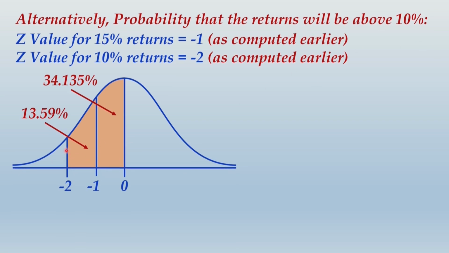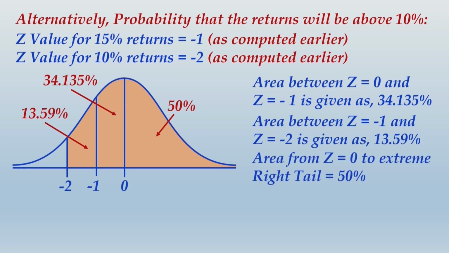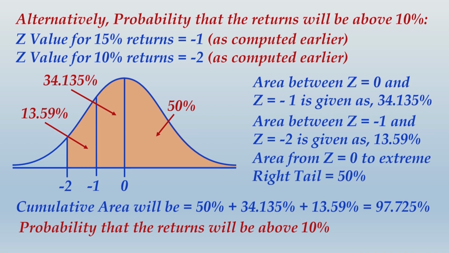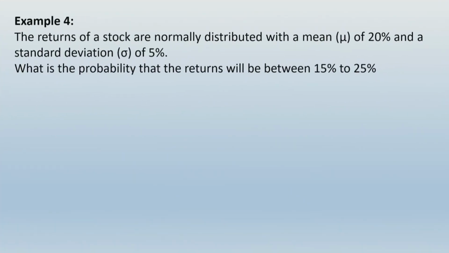So that means everything from Z equal to -2 to the extreme right, that means this area plus this later part that is 50%. Aggregate of all these will give you the required probability, and we can sum it up and conclude that probability that the returns will be above 10% is 97.725%.